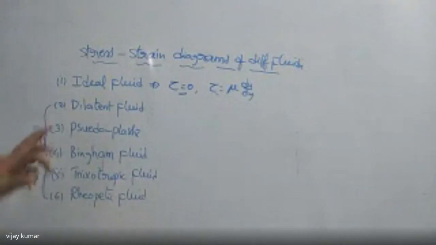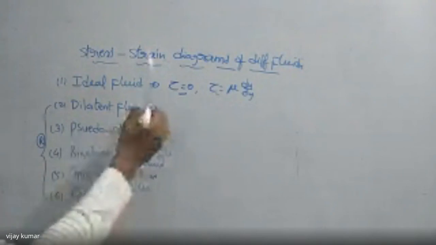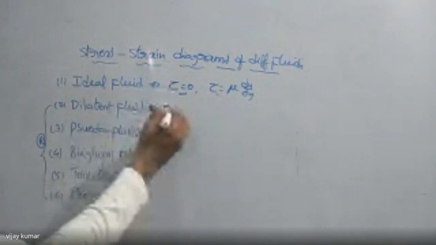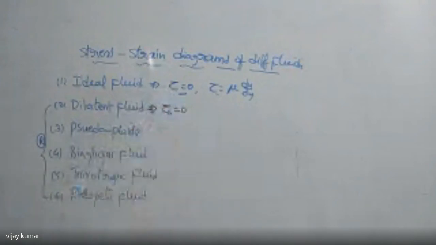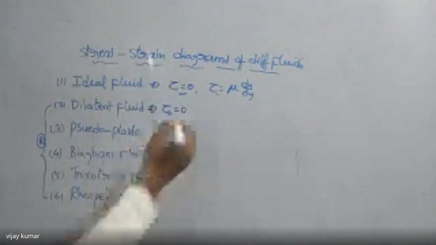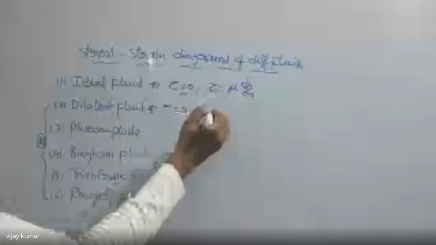Now I am saying, what is dilatant fluid? This fluid follows some conditions like this. First one, tau naught is equal to zero, but n is greater than one.